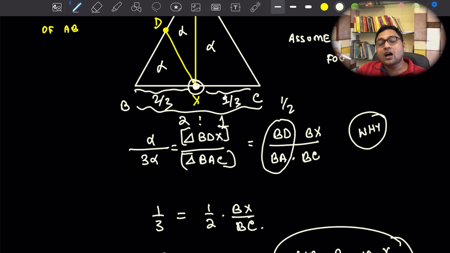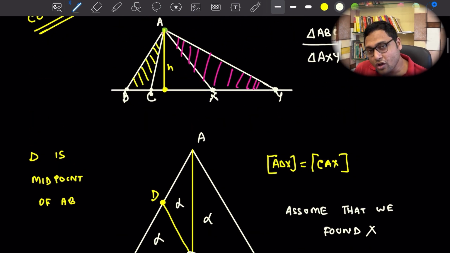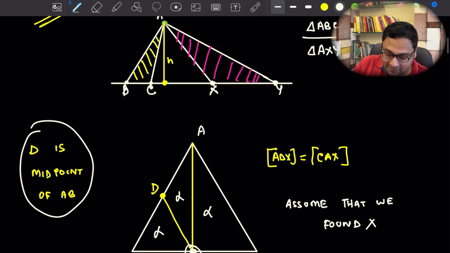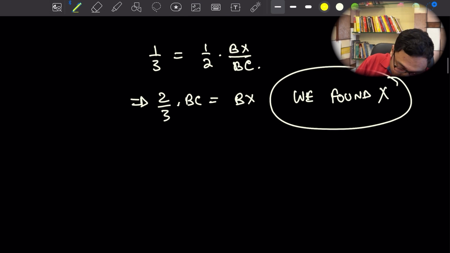So now we know how to exactly find the point X. Right? Awesome. So now we also know what happens if D is any point. We just found it for D as the midpoint, but we can now generalize easily for the case where D is any point.